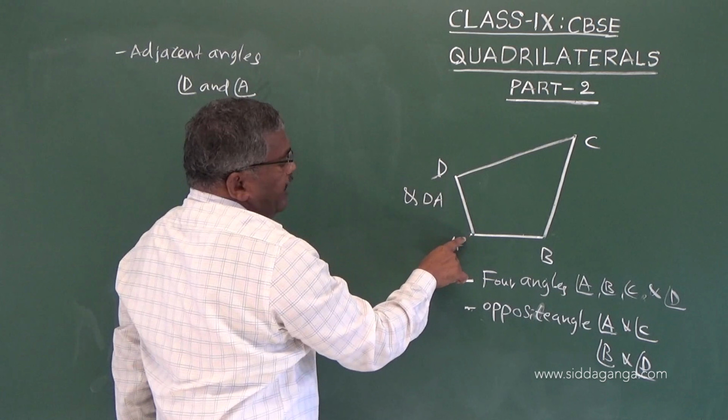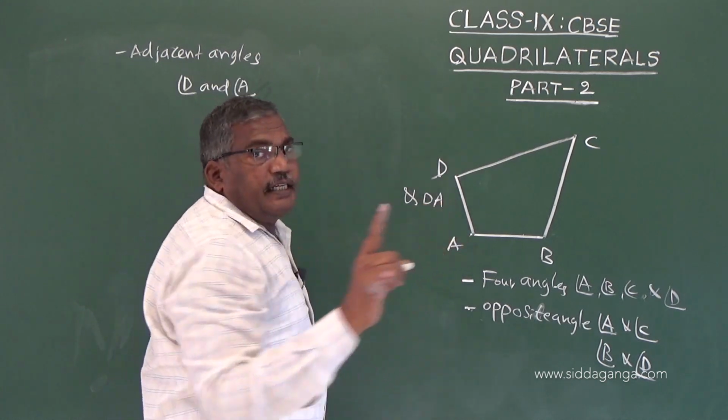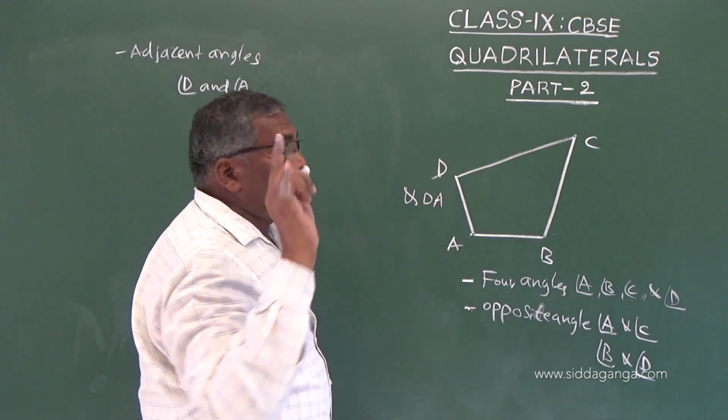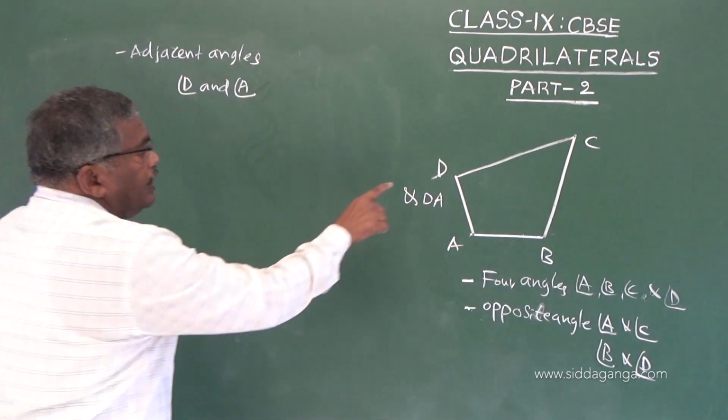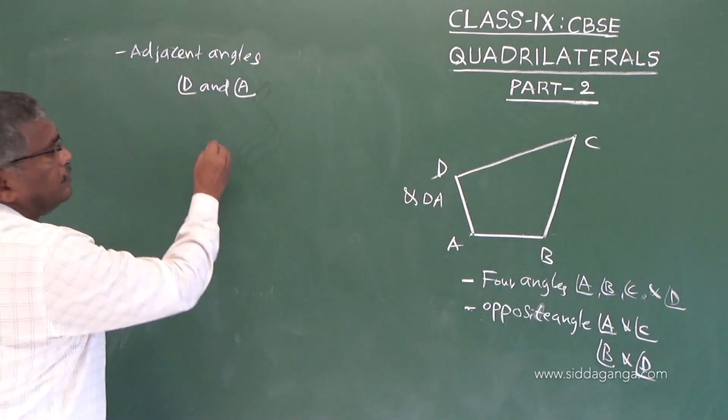See, the two angles which are at the end of any line are said to be adjacent angles. So D and A are adjacent.